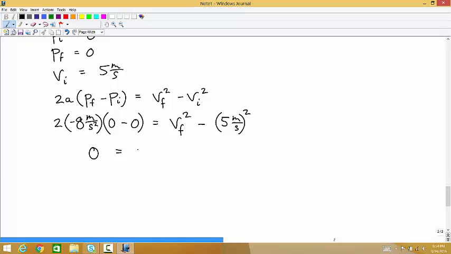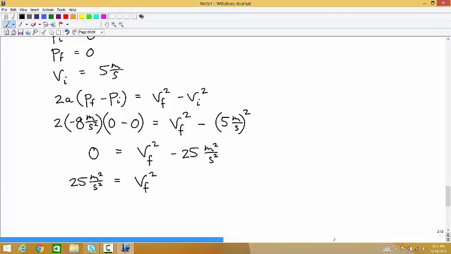So we just have 0 is equal to Vf squared minus 25 meters squared per second squared. Okay, so add 25 meters squared per second squared to both sides, and you get 25 meters squared per second squared is equal to Vf squared.